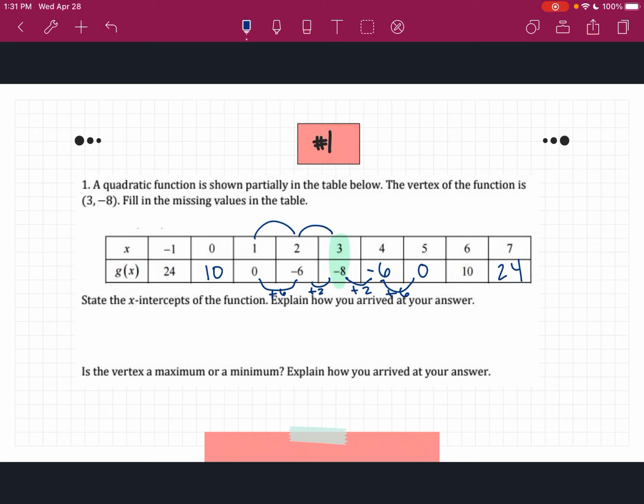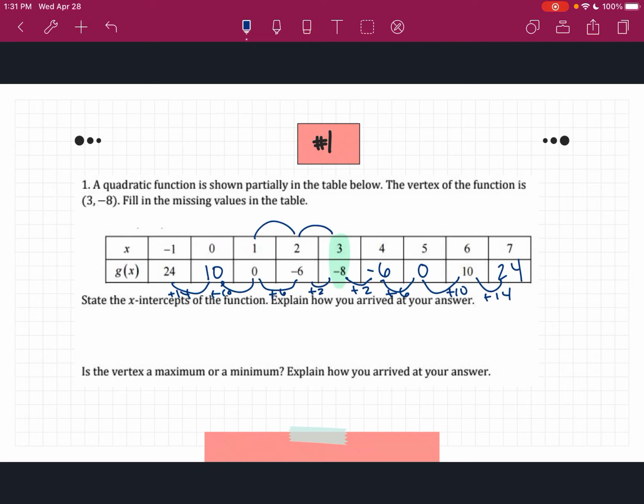And then from 0 to 10, we add 10, so it would be the same over there. And from 10 to 24, we would add 14, and same thing here. So you just want to make sure that these are completely identical on either side in terms of the distance between the vertex and those next points.